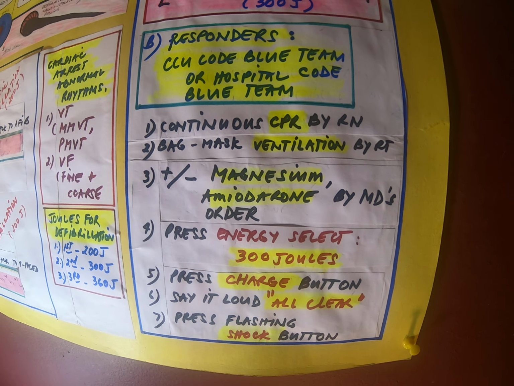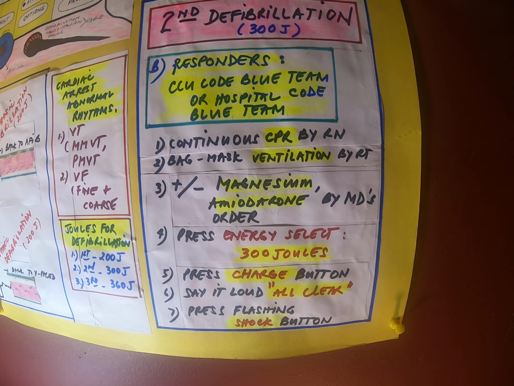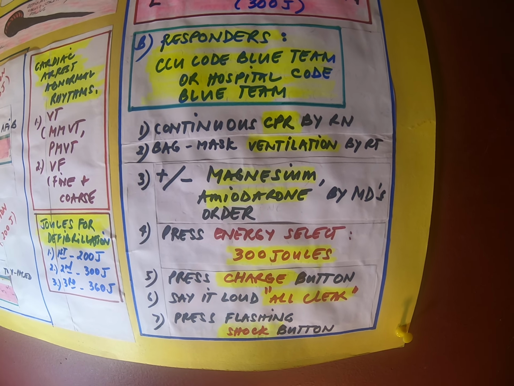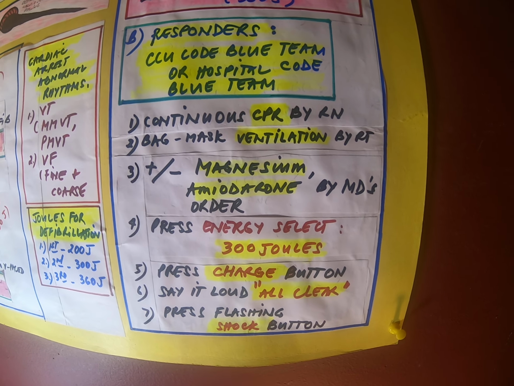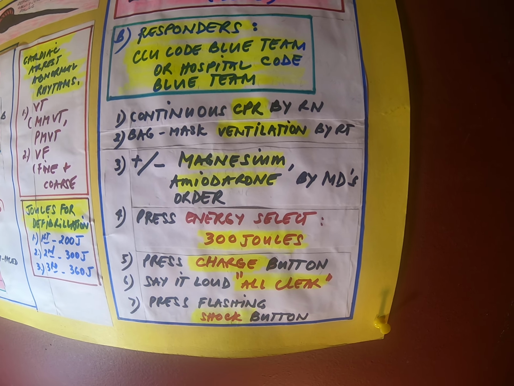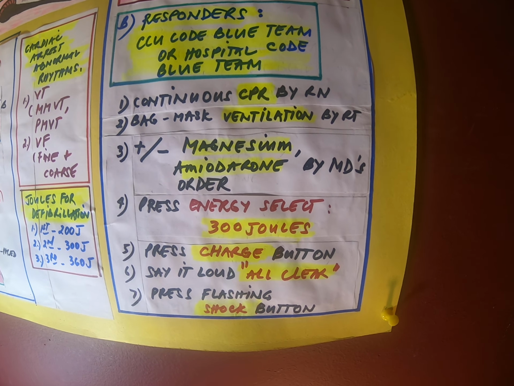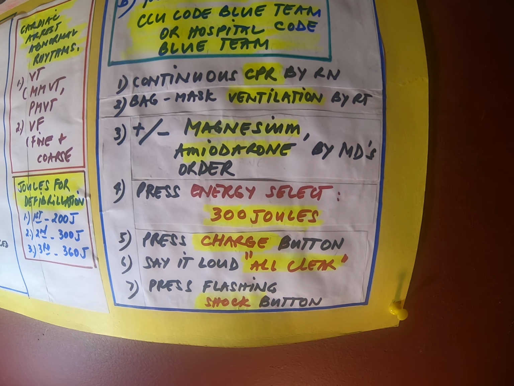There are other H's and T's causes, but they're not really noted mainly in the CCU. As I said, it's mainly the low potassium and low magnesium, and it could be cardiac thrombosis, pre or after stent, or a non-STEMI that ended up into a STEMI. So it's not always the H's and the T's here.